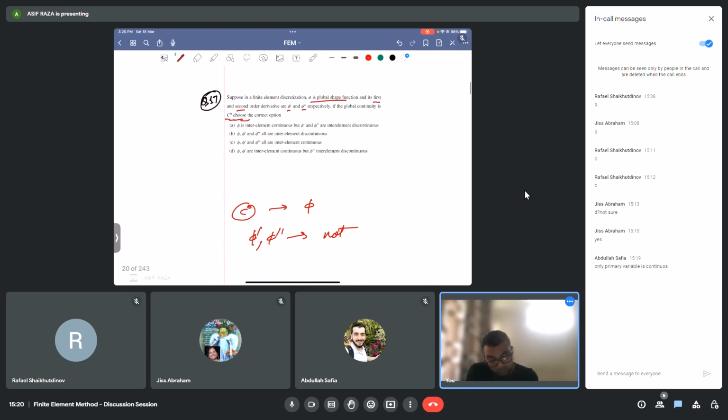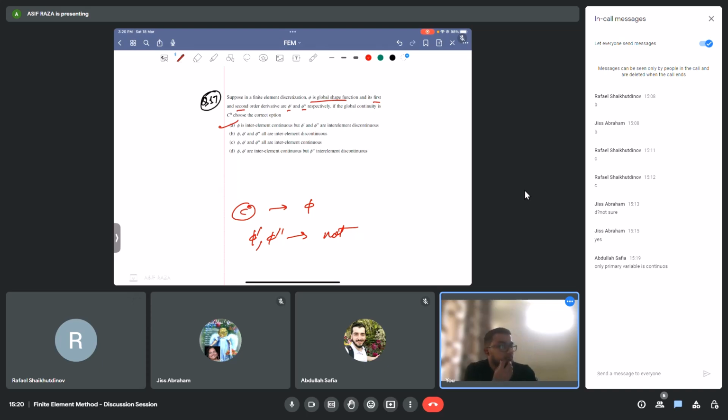So the answer would be option A. Phi is inter-element continuous, but phi prime and phi double prime are not inter-element continuous. Abdullah said only the primary variable is continuous.